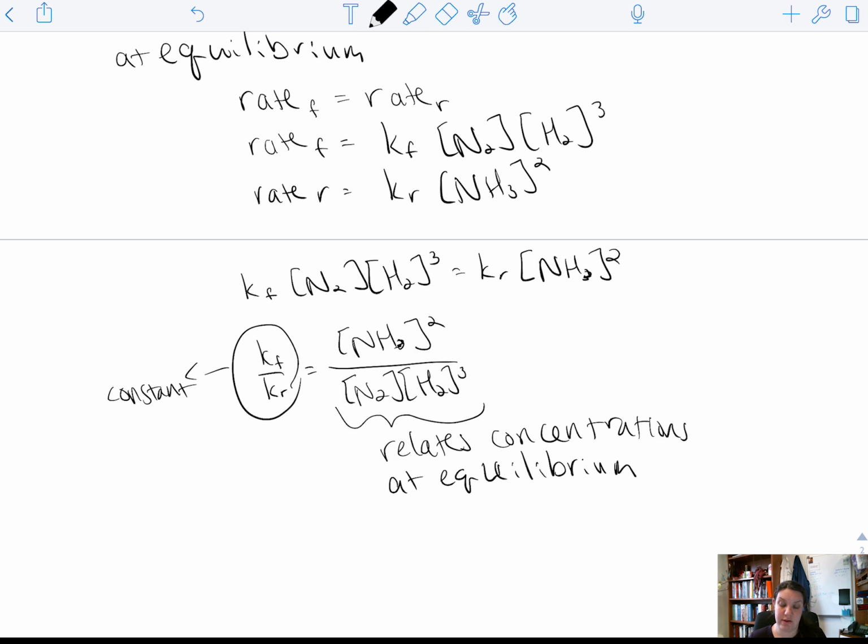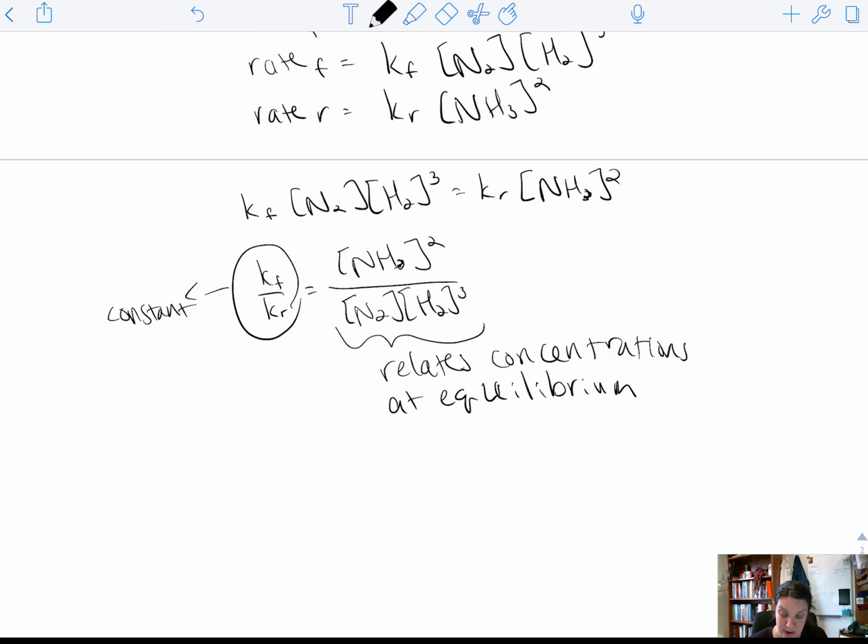So even though these concentrations aren't the same, they will always equal the same constant at the same temperature.